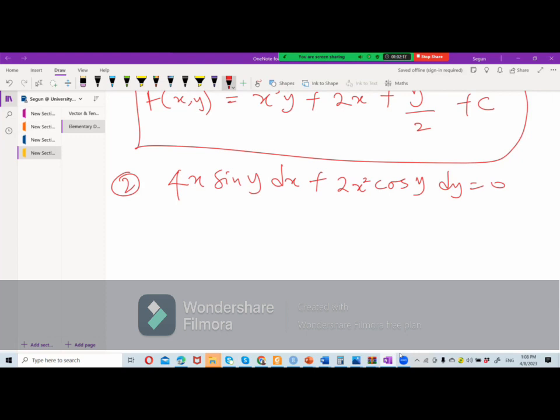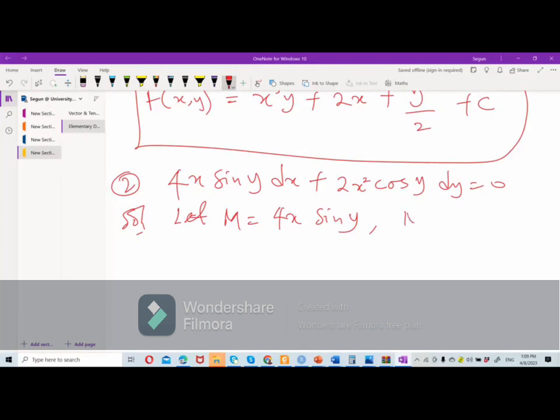How do we know whether it has an exact solution? When you differentiate, if the m dy is equal to the n dx, then for us to solve this one, let m equal 4x sine y and n equal 2x squared cos y.